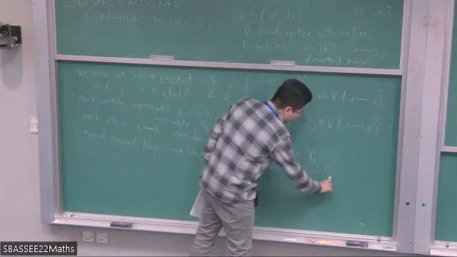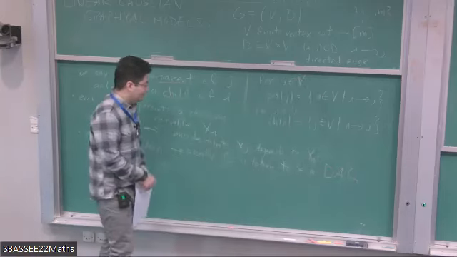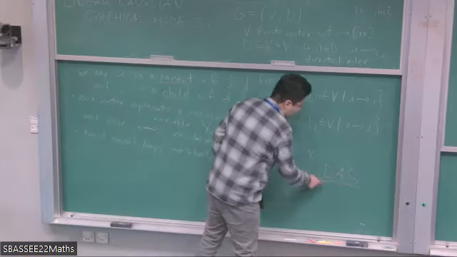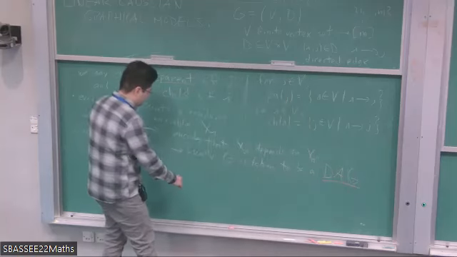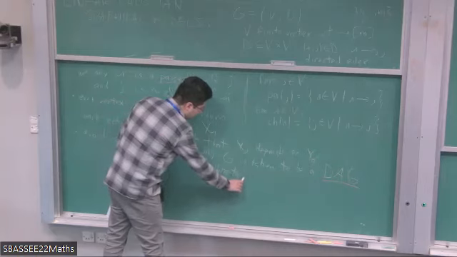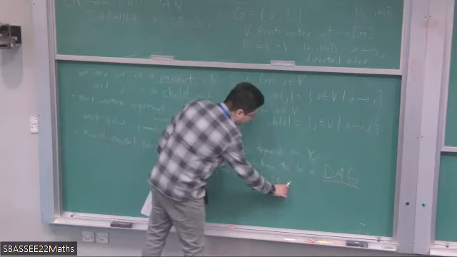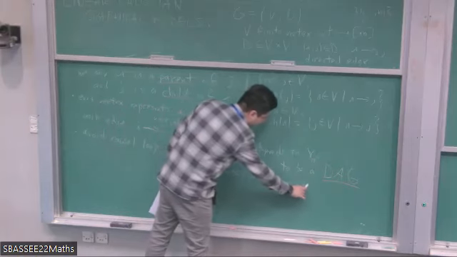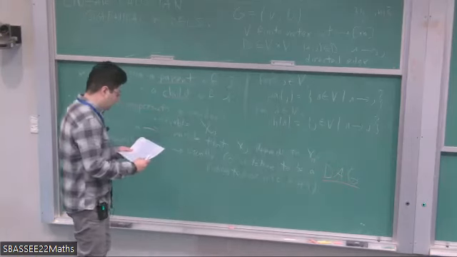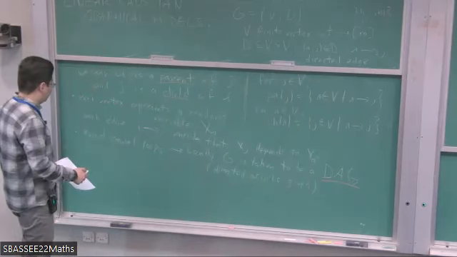And what is a DAG? A DAG means directed acyclic graph. So it means it has no directed cycles, right? That means we don't allow cycles.